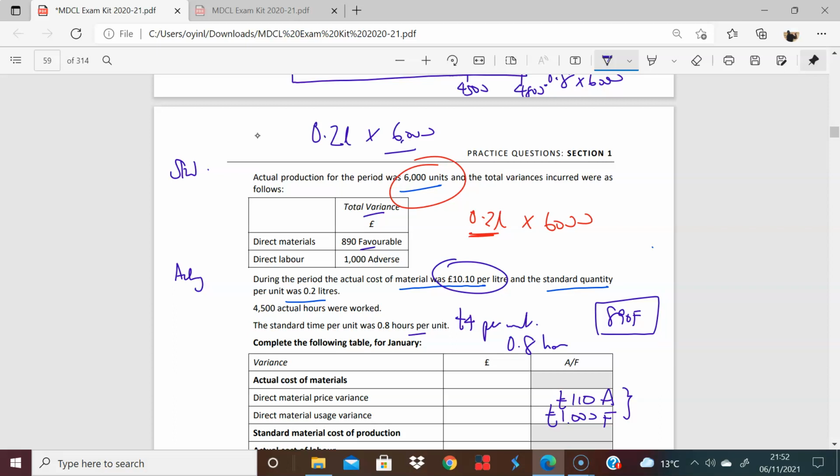So if you're spending £4 in terms of labor per unit, and 0.8 hours per unit, that means that £4 is the equivalent of 0.8 hours, and therefore the cost of an hour is 4 divided by 0.8, which is 5.